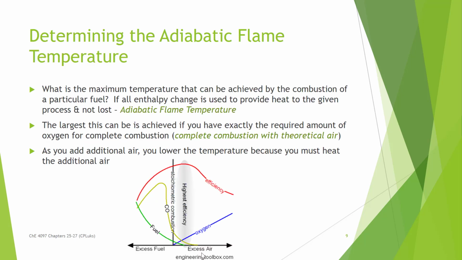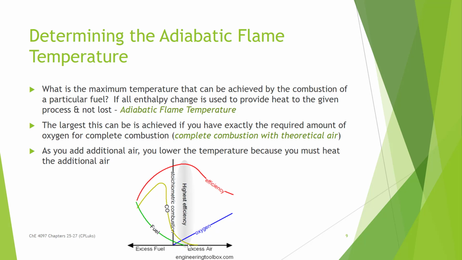Now, I like this graph here because what it shows is that this is the stoichiometric combustion amount right here in the center. And as you add excess air, the oxygen level is going to go up. If you add excess fuel, you clearly will not have any oxygen, but you will have fuel that remains.